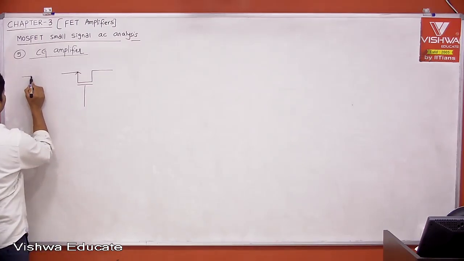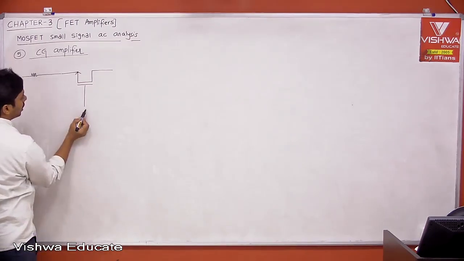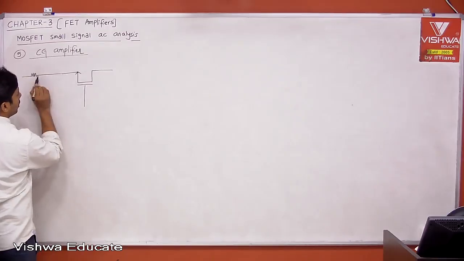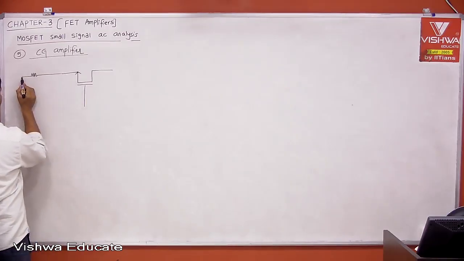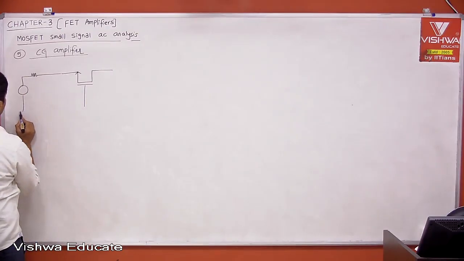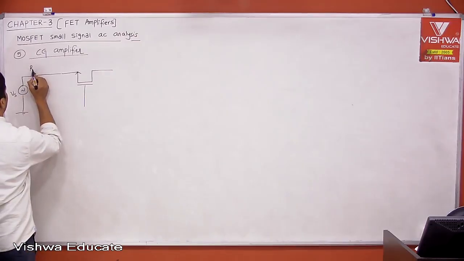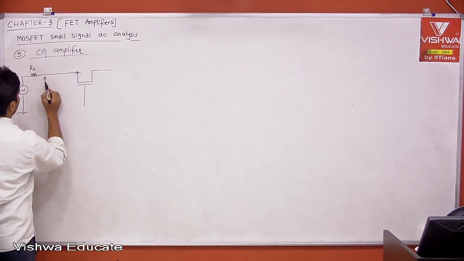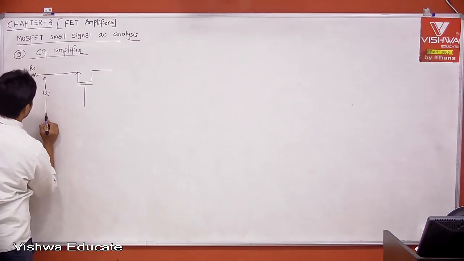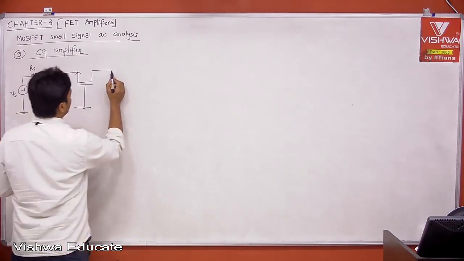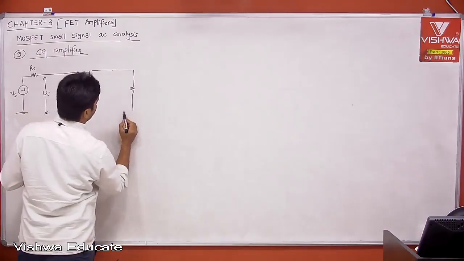Here I am going to take a practical voltage source because input is not at gate. If input is at gate, current is 0, but input is at source. There is a current, there is a drop, therefore we need to consider a practical voltage source. This is your Vs, Rs, whatever may be, this is your input voltage, the core transistor voltage gain. Now gate is connected to AC ground, and this is the load.